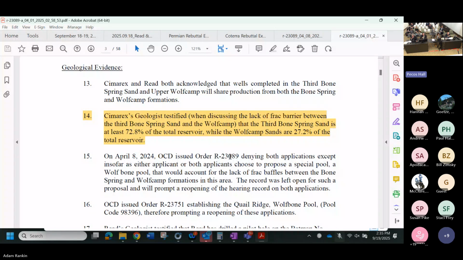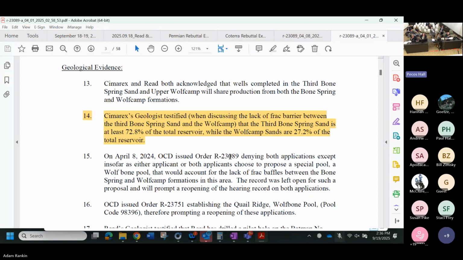Here, the point is that it was an interlocutory order, it wasn't a final order. The record was reopened. And from that point forward, the entire time, Permian has contested the claim that the Third Bone Spring is the predominant source of the reservoir. And as was demonstrated through this hearing and at the conclusion of the division, no, it isn't.